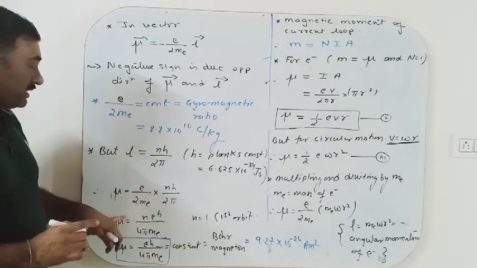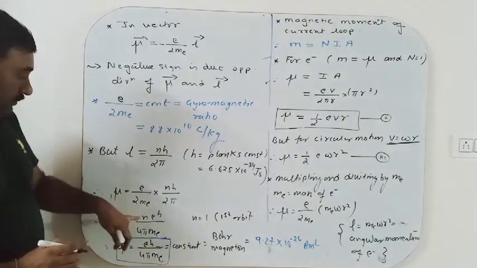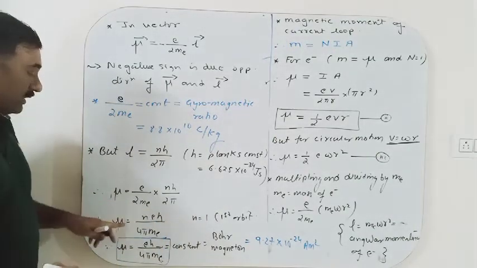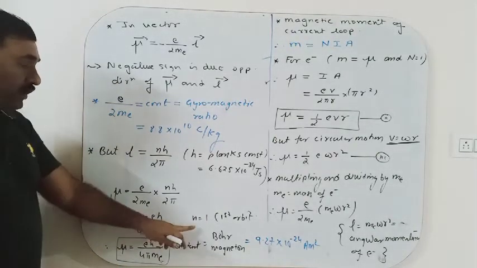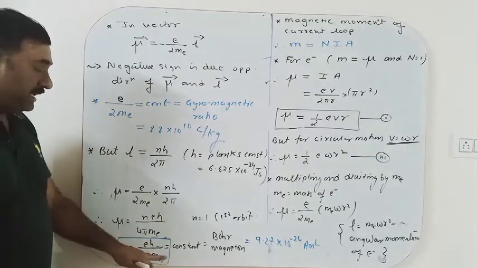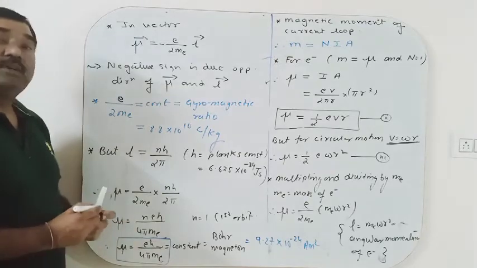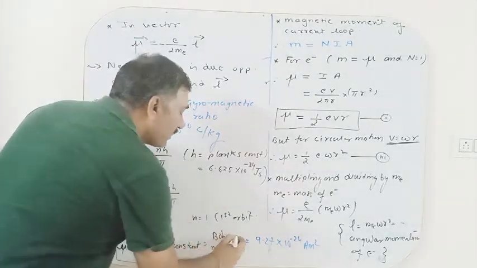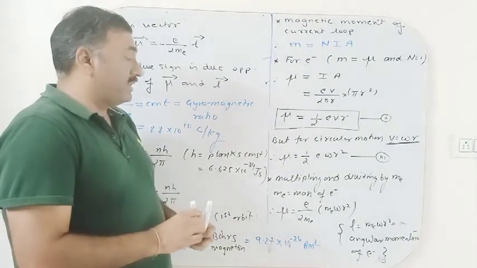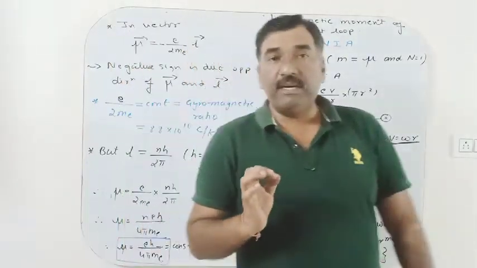When we substitute this value, we have NEH divided by 4 pi ME, or for N equal to 1, for the first orbit, EH upon 4 pi ME remains constant, which is known as Bohr's magneton, and its value is 9.27 into 10 raised to power minus 24 ampere meter square.